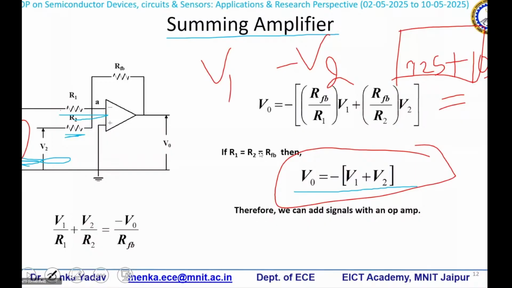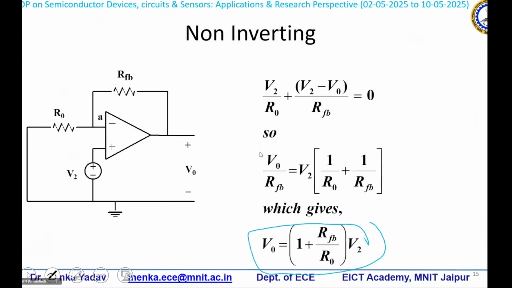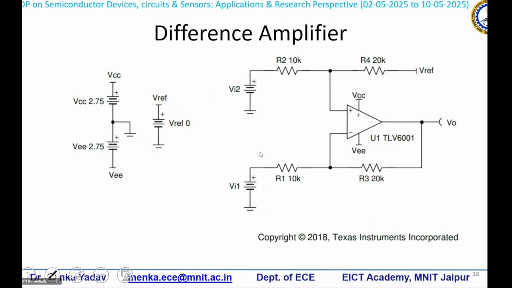So it is not a good choice to have V1 minus V2 in this way. Although our job is done even if V2 or maybe V1 has been taken negative, that's not the way always. So in order to address that issue, let us discuss how the difference amplifier is going to give you V1 minus V2.